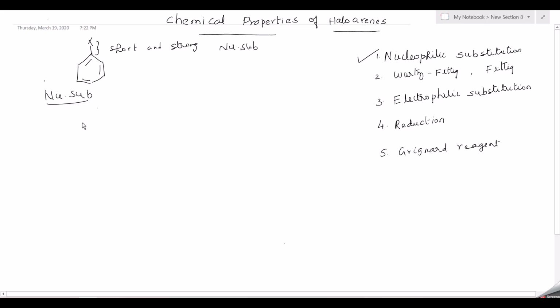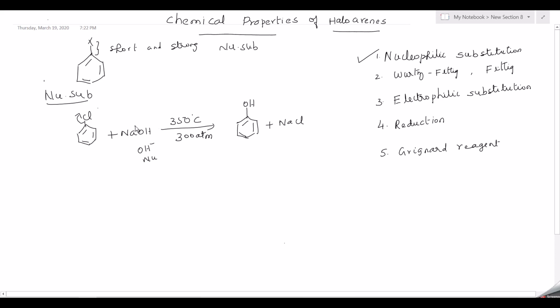So we have given one example also. You take chlorobenzene on treatment with sodium hydroxide at 350 degrees Celsius, a high temperature, and 300 atmospheric pressure, a high pressure we are using, so that the nucleophile OH minus will attack this benzene ring, and this chlorine will be removed, and you will be getting the product, that is a benzene ring where chlorine is removed and substituted with this nucleophile, that is OH, and you are getting byproduct as NaCl.